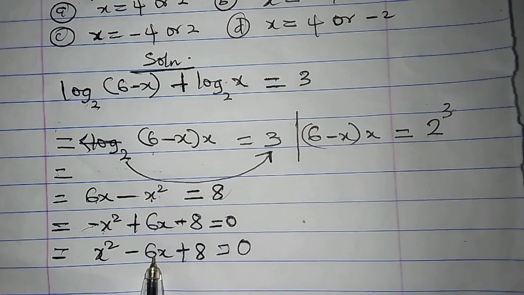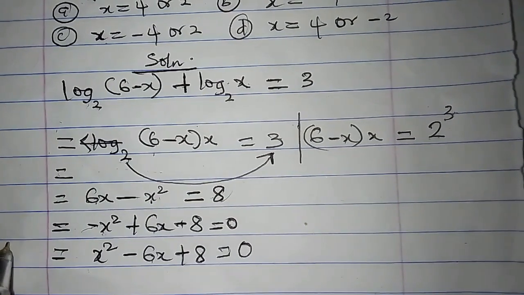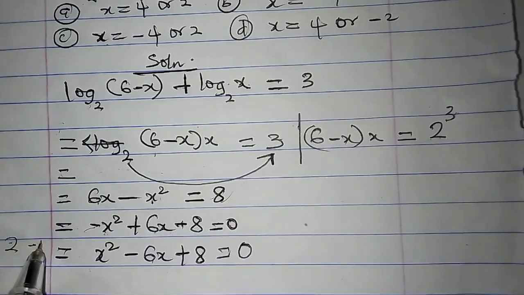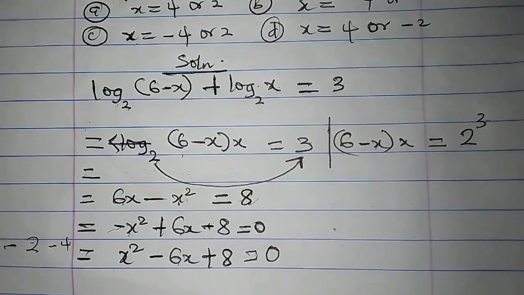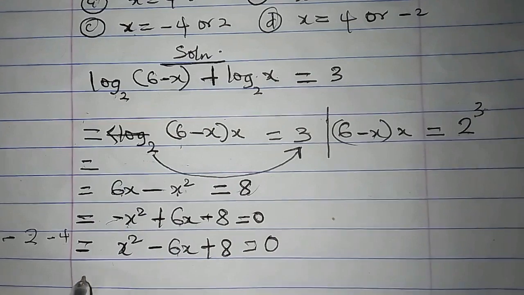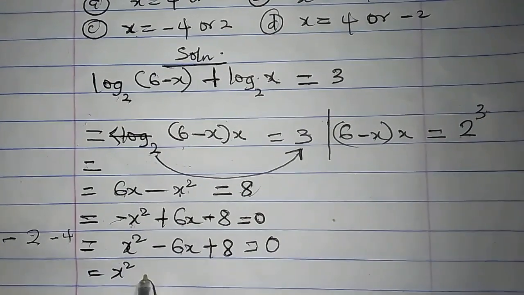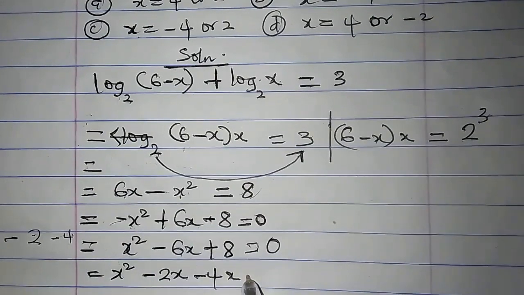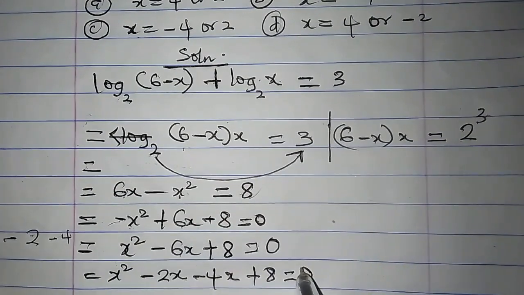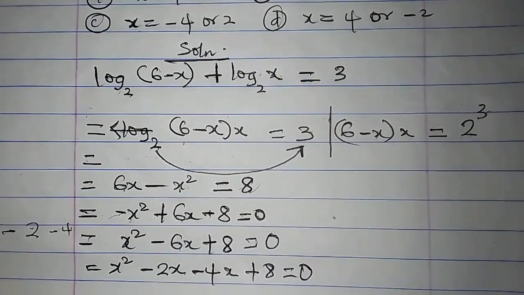Of course, the numbers are minus 2 and minus 4. So this equation will become x squared minus 2x minus 4x plus 8 equal to what? 0. Okay?